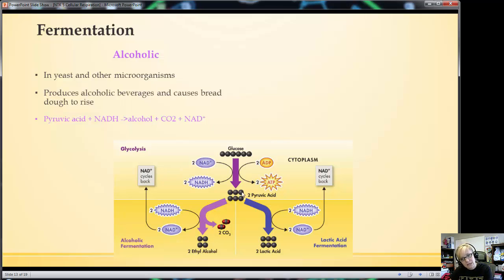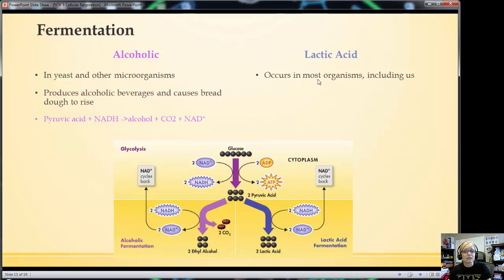NAD+ is going to be recycled, and we start the process again. Remember, all of this is happening with no oxygen present. Also, humans are not doing alcoholic fermentation. We don't ferment glucose or pyruvic acid and turn it into alcohol in our bodies. Really, this is only happening in yeast and other microorganisms.